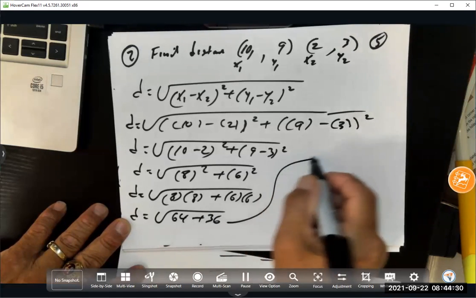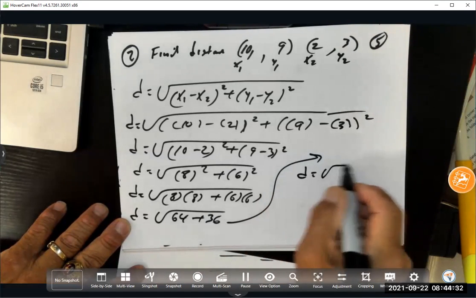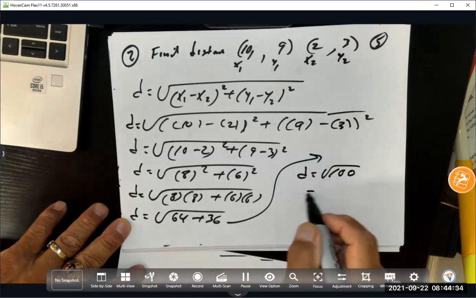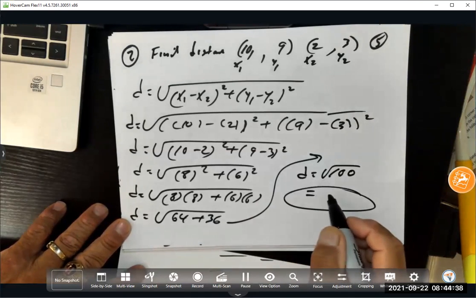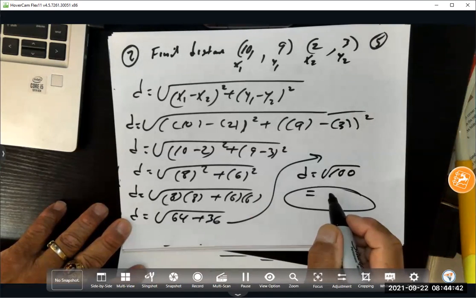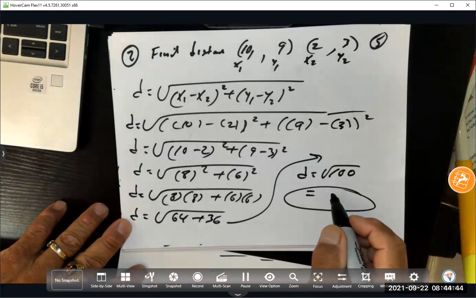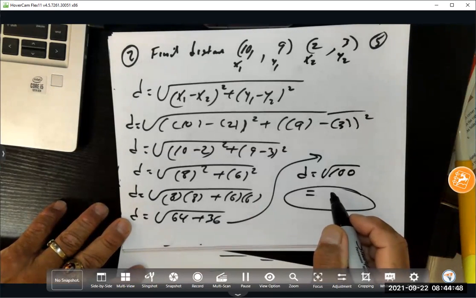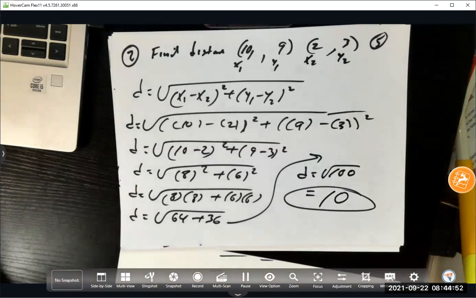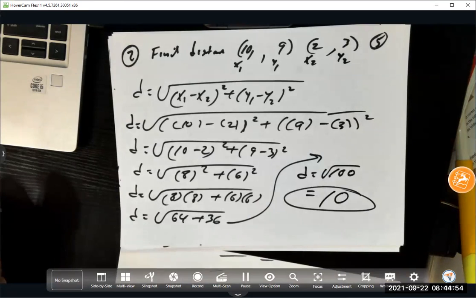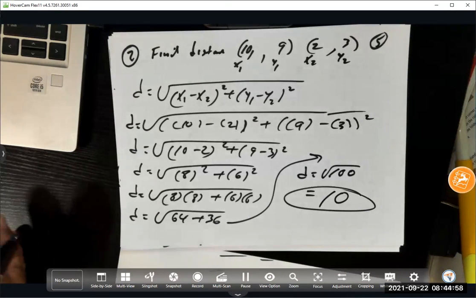What's 64 plus 36? You told me. 100. And what's the square root of 100? What times what is 100? Is there a number? What number times itself is 100? Remember the multiplication tables. 10. Is 10 times 10 100? Yes or no? Yes. They said yes. 10 times 10 is 100.